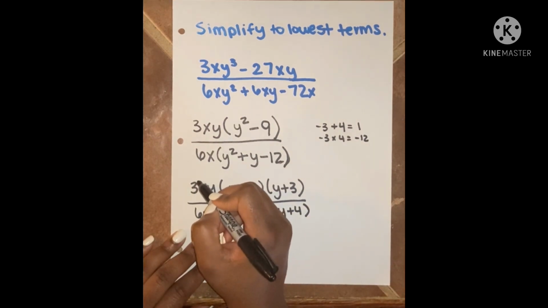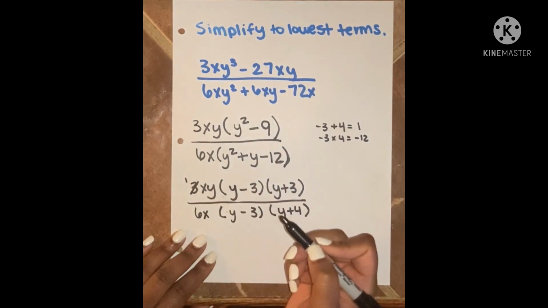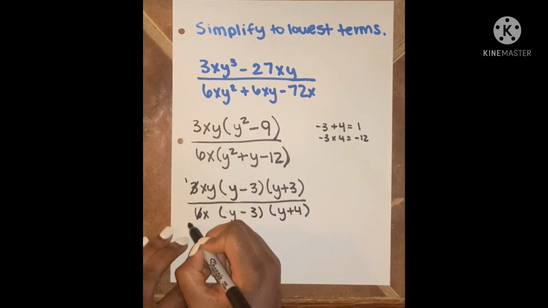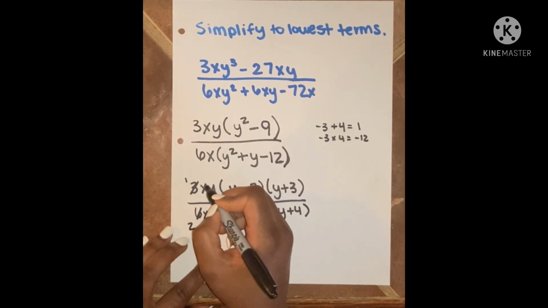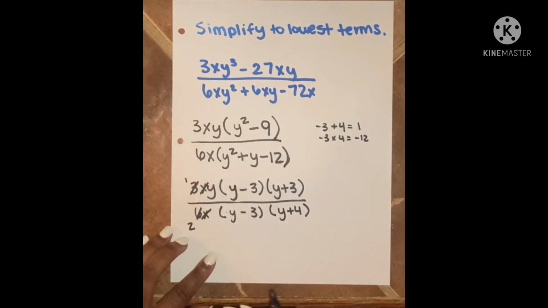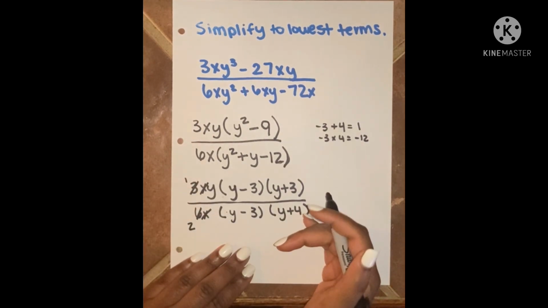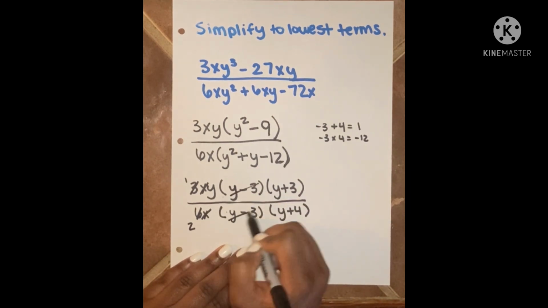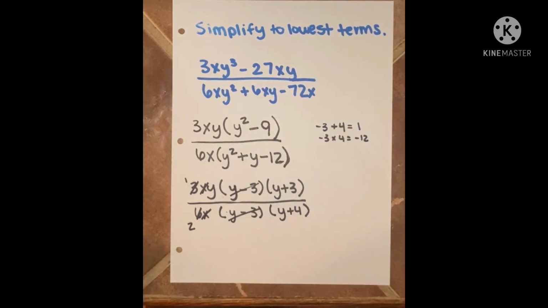So here we have 3 goes into 3 one time, 3 goes into 6 2 times. Here's an x, and that's an x, so we can cancel those out. We also see that we have a y minus 3 here and a y minus 3 here. Okay, so now we see what we have left.